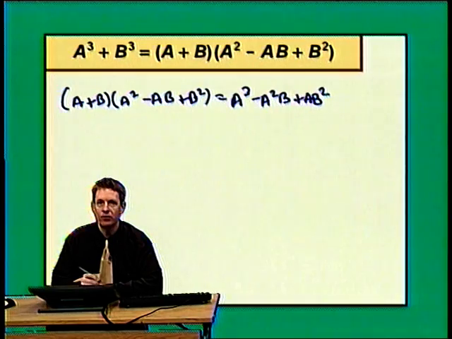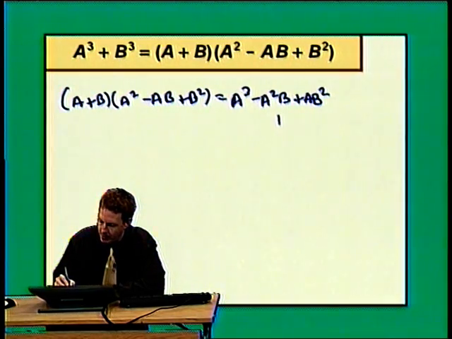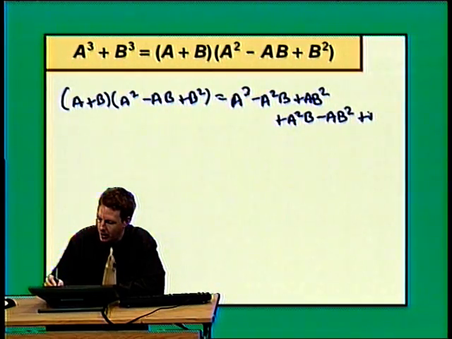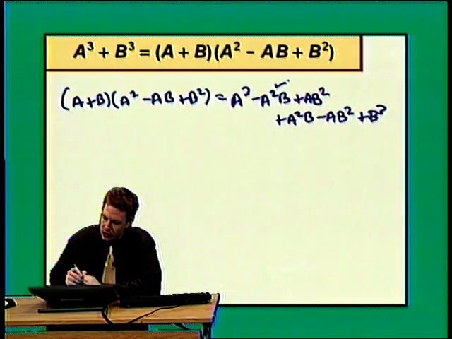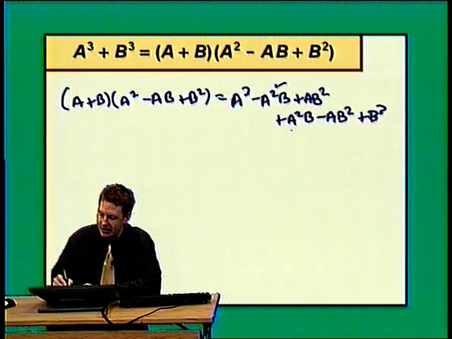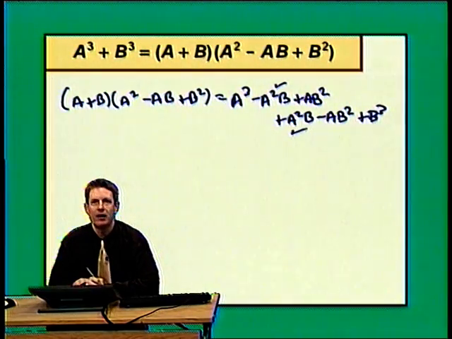Distributing b through the trinomial, we get plus a squared b minus ab squared plus b cubed. Do we have any common terms? You betcha. A squared times b with a minus sign in front of it, and a squared times b with a plus sign in front of it. Those two terms add to 0.